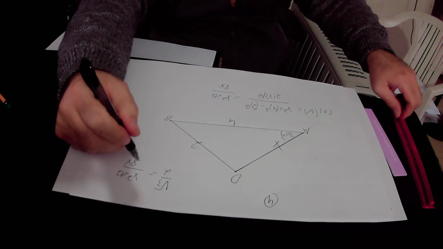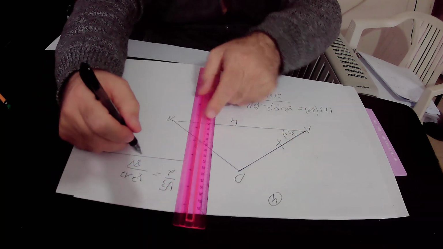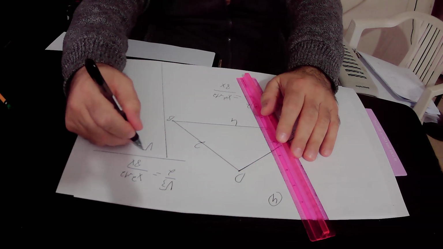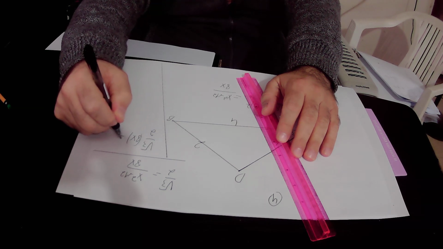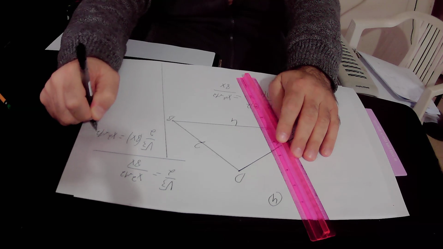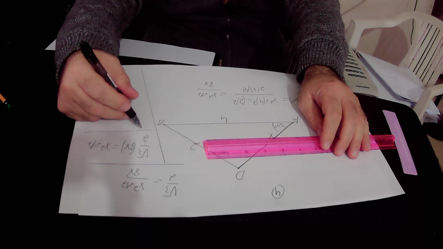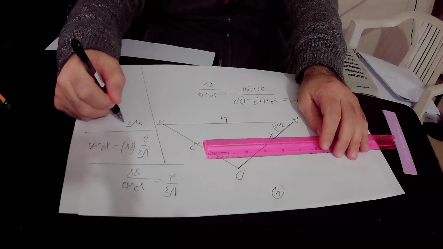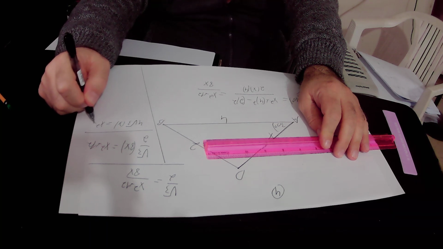Here we will multiply this equation by 8x, and we will get that square root of 3 over 2 times 8x equals x squared plus 12. 8 over 2 is 4, so it is 4 times square root of 3 x equals x squared plus 12.